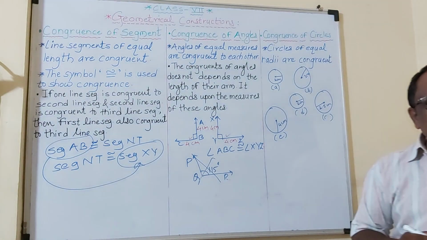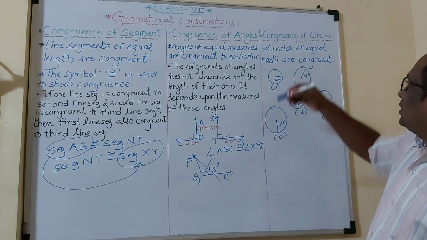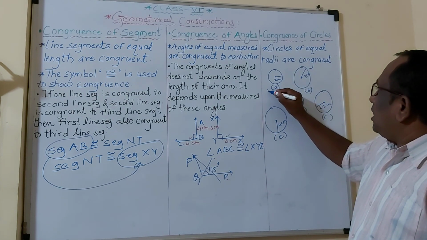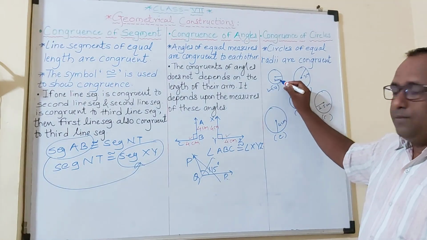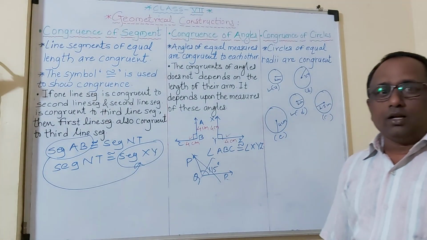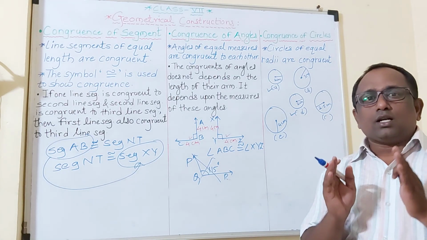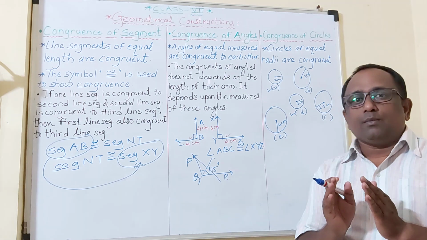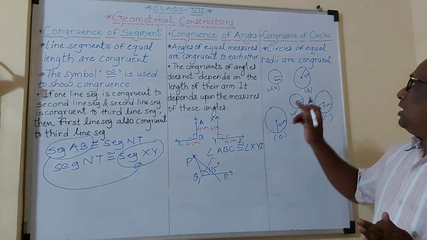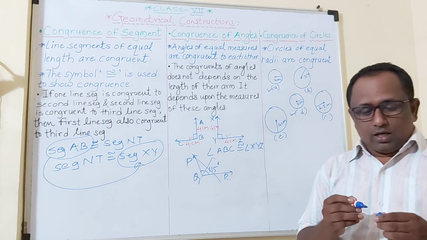Now if you observe these figures, students, A has radius 2 centimeter and D has radius 2 centimeter. So when the radii of the circles are the same, we can say these circles are congruent to each other.